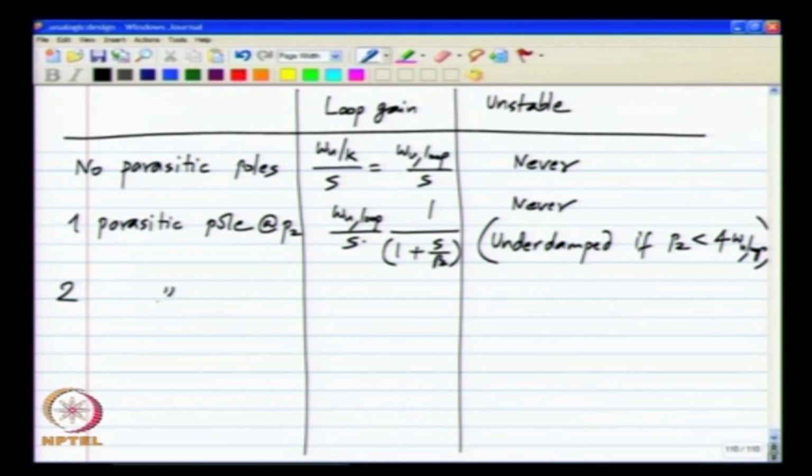And similarly you can have two parasitic poles both identical at P2.